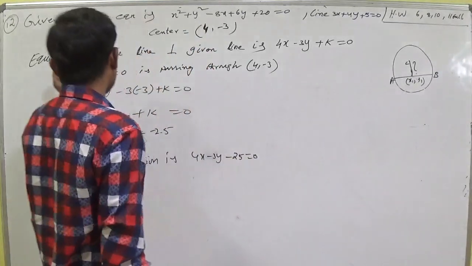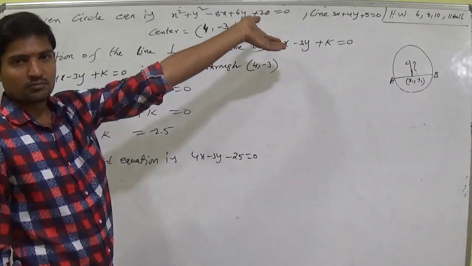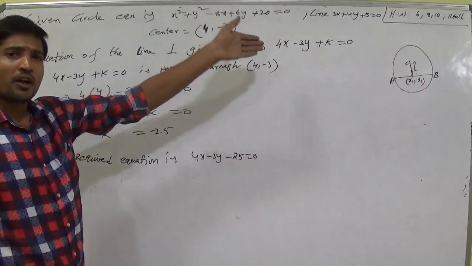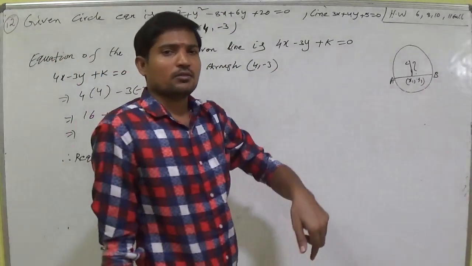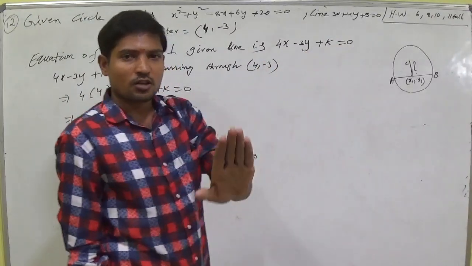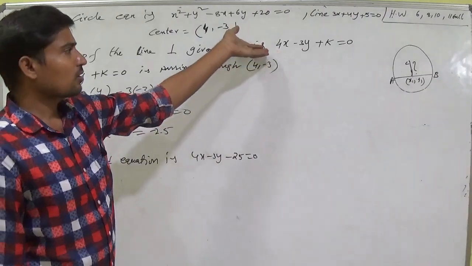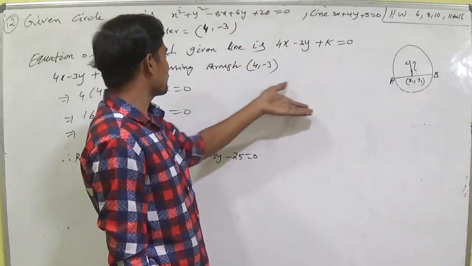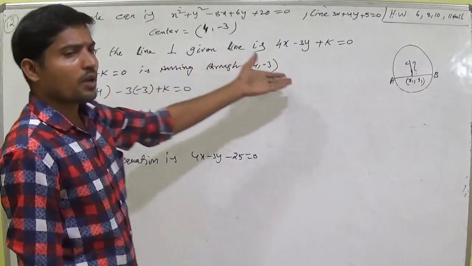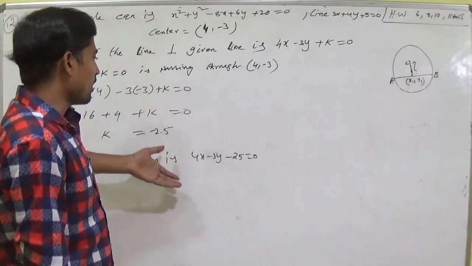That's why I took the equation of the line perpendicular to the given line, 4x minus 3y plus k equal to 0. It passes through the center, so I substituted the center and finally got the k value.